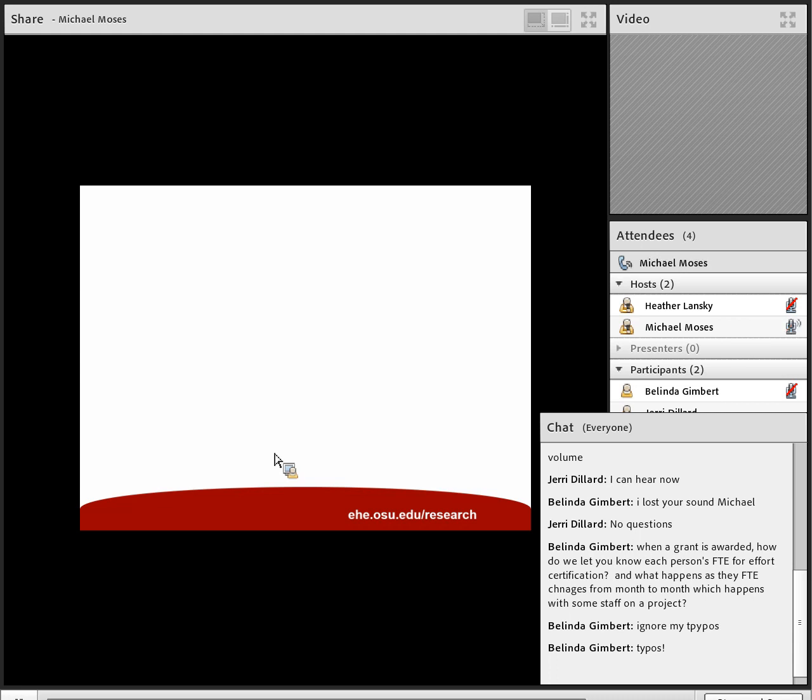So it's critical to have an accurate budget, and it's critical to know who's appointed to your project. A lot of times you can move people around.